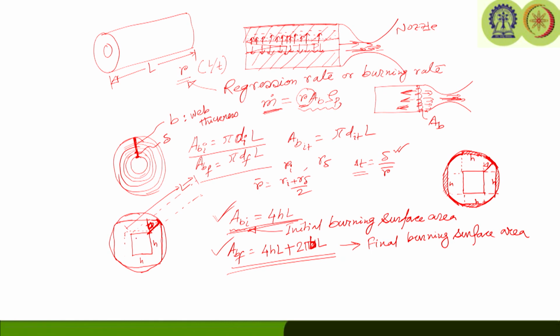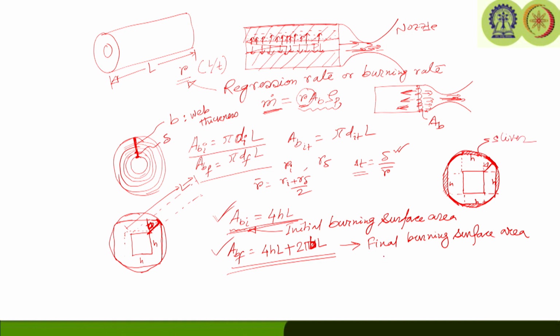Now, as I said, the burning will continue till it reaches the inner wall of the casing, but if the pressure and temperature are high enough, this remaining propellant, which was actually the sliver, may also burn.